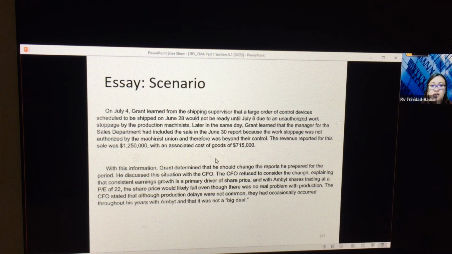Tama, di ba? And with an associated cost of goods sold of 715,000. Magkano yung net adjustment? 1,250,000 less 715,000 would give you 535,000. So the 535,000 would then be an adjustment to your income from operations.